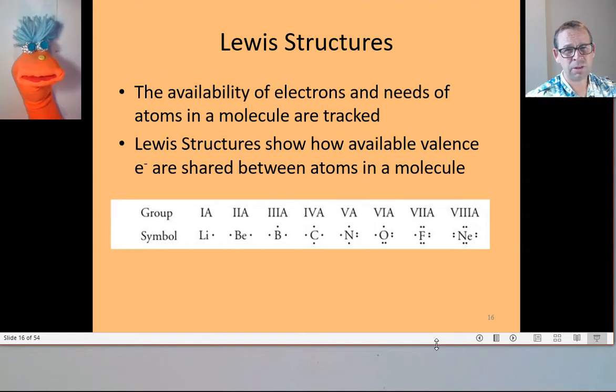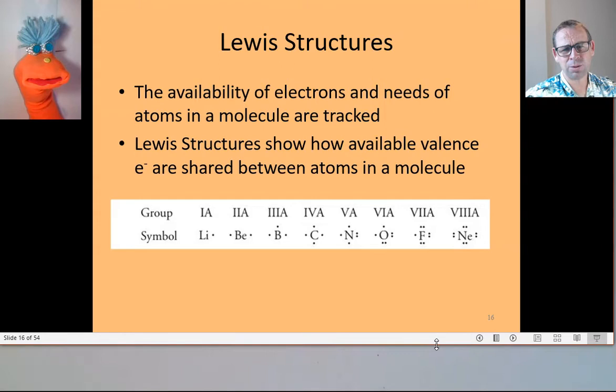All right. So a lot of different properties can be understood simply by looking at the shape of the compound, because it is the shape of the compound that gives its properties, right? Structure of that compound results in the properties of that compound.